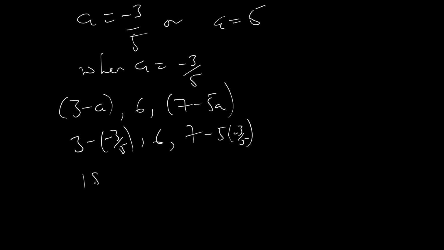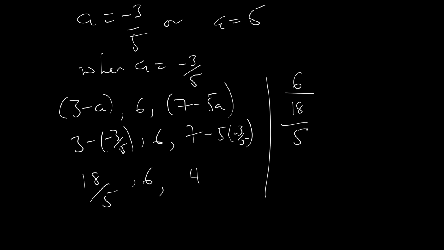So we have 18 over 5, 6 and 10. So 6 divided by 18 over 5 should be equal to 10 divided by 6, and that will be our R. And when we do this, our R will be equal to 3.333.